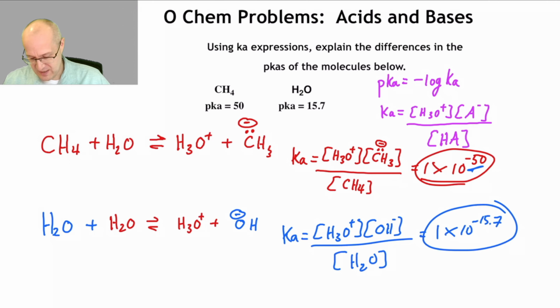The anion is sitting on the oxygen. Oxygen is more electronegative than carbon by a lot, so therefore oxygen is more able to accommodate a negative charge and be less reactive than carbon, for example. Carbon with a negative charge is highly reactive, totally wants to react, and it does. Okay, so that's how you would use Ka expressions. That's how you interpret pKa expressions, and that's also how you interpret the data once you have it.